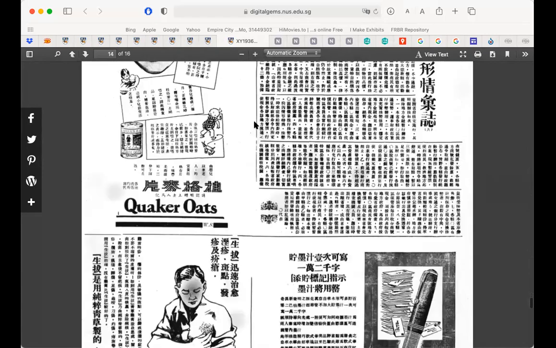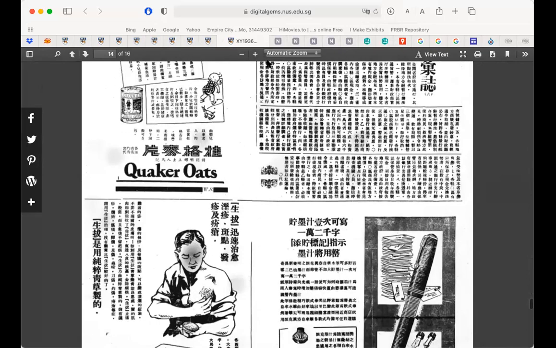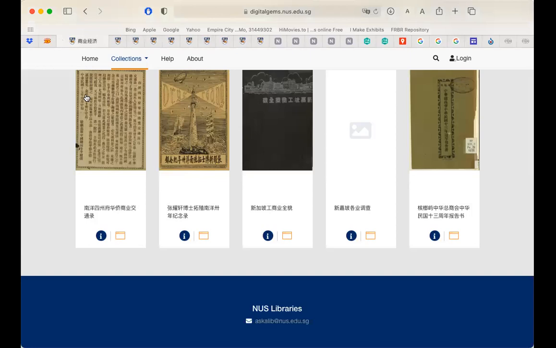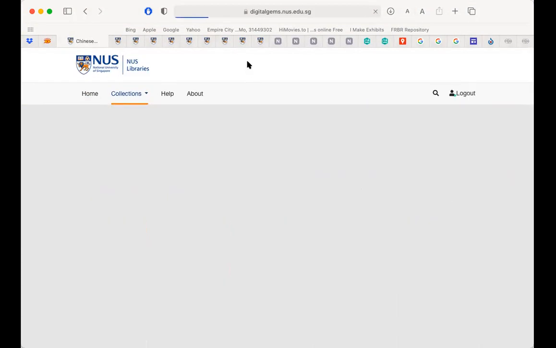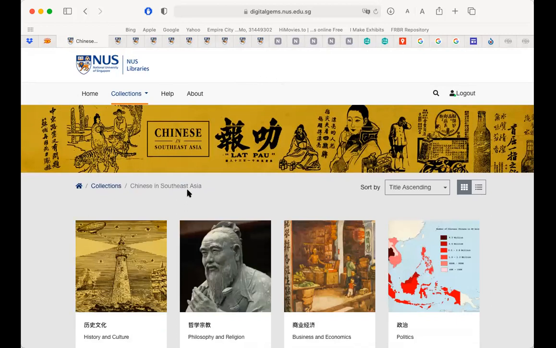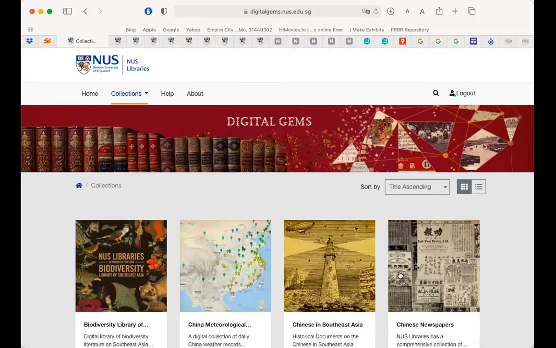I don't know if we can do that, or we might have different ideas as you go through these materials. But I want you to get a sense of what the collection is here in the Chinese, in Southeast Asia collection, and the collection in the Chinese newspaper. Just to give you a sense of feel. You don't actually have to know everything, but it's just to have an idea.